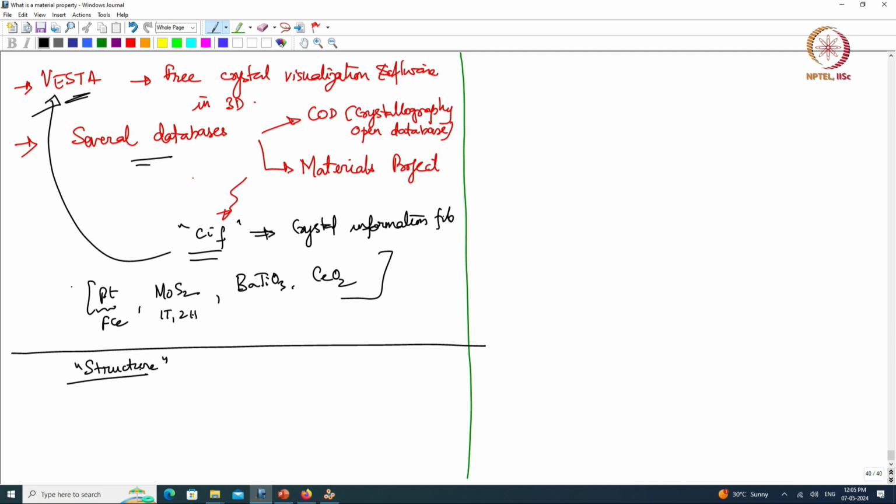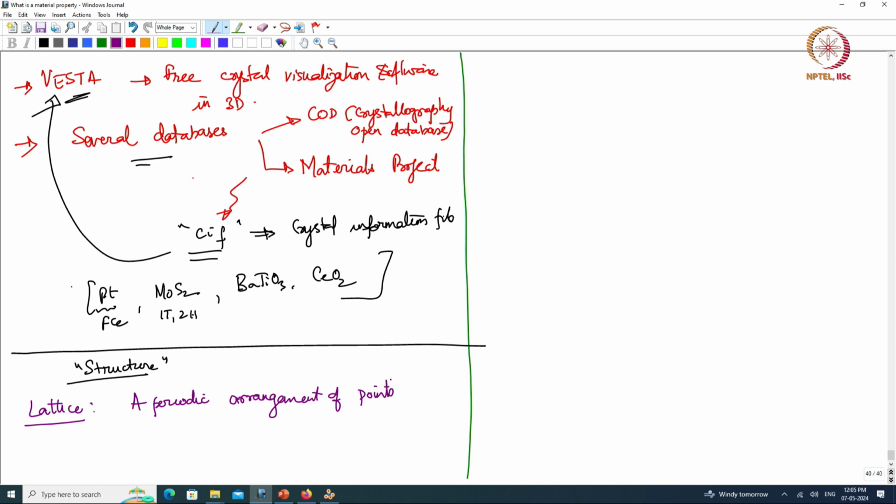To understand what a structure is, we start with what a lattice is. A lattice is a periodic arrangement of some points.